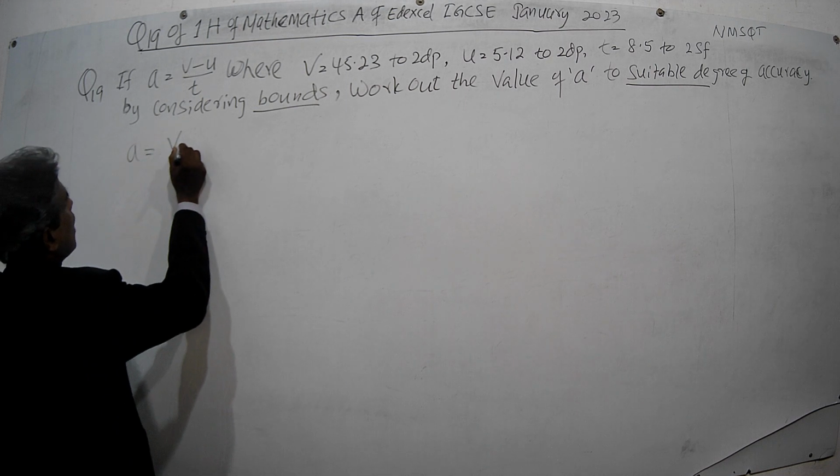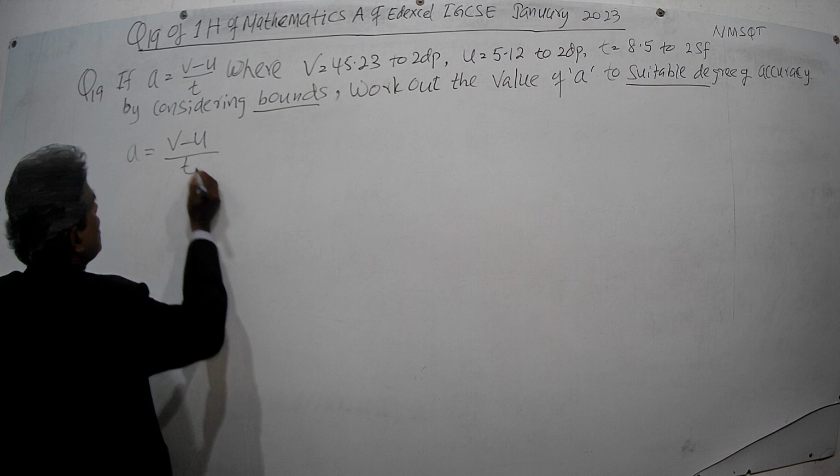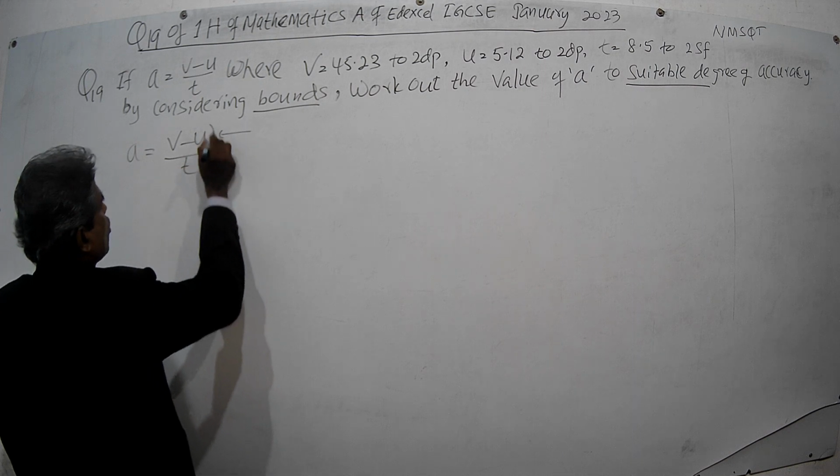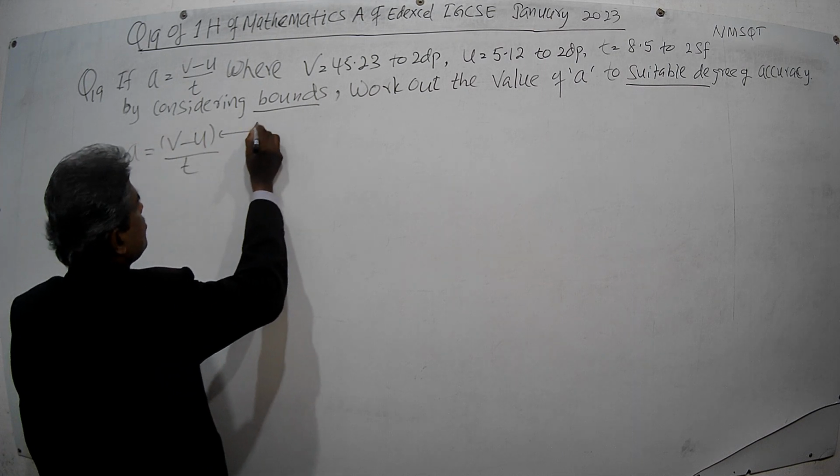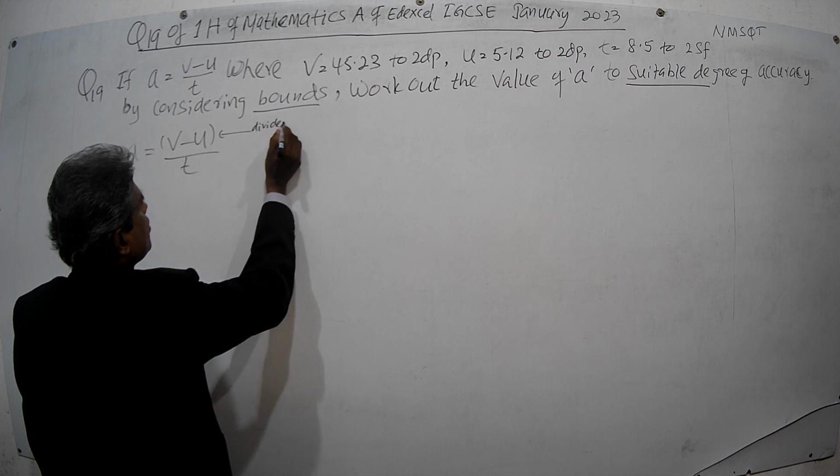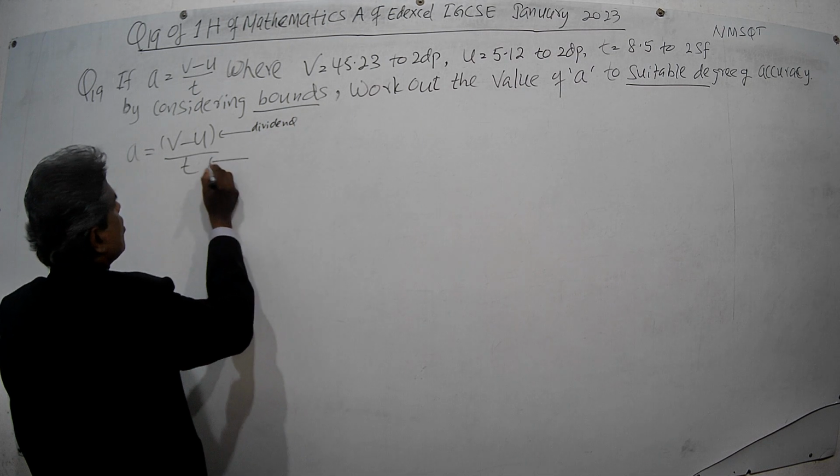A equals V minus U over T. This whole thing is the dividend. This one is called the divisor.